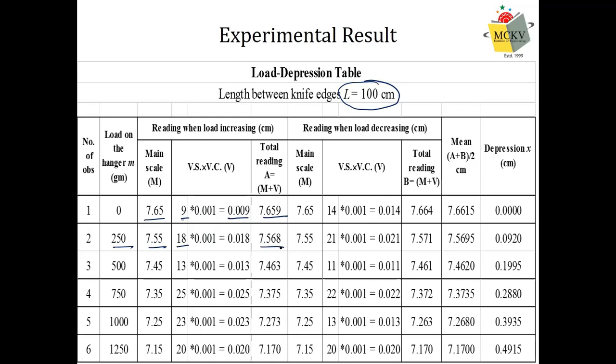So it is a simple calculation. In your case, the main scale and the vernier readings are supplied. You need to multiply with the vernier constant to get the vernier values. That means these values you need to calculate. Simple multiplication, and then just add the main scale value to this to get the total reading for each case.